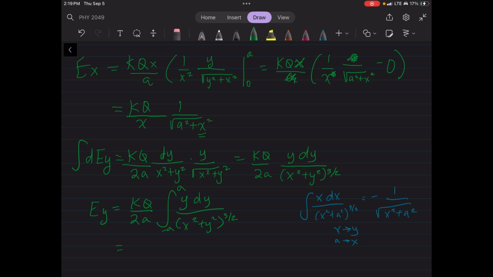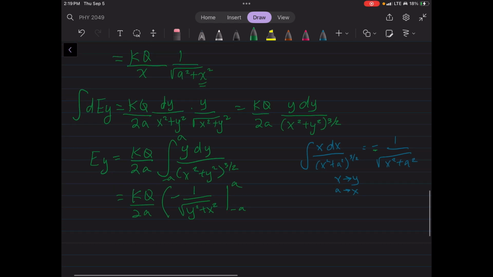It's not a difficult integral to solve, you just have to watch those negatives. So we have kq over 2a, and the solution to that integral is negative 1 over the square root of y squared plus x squared, evaluated from negative a to a.